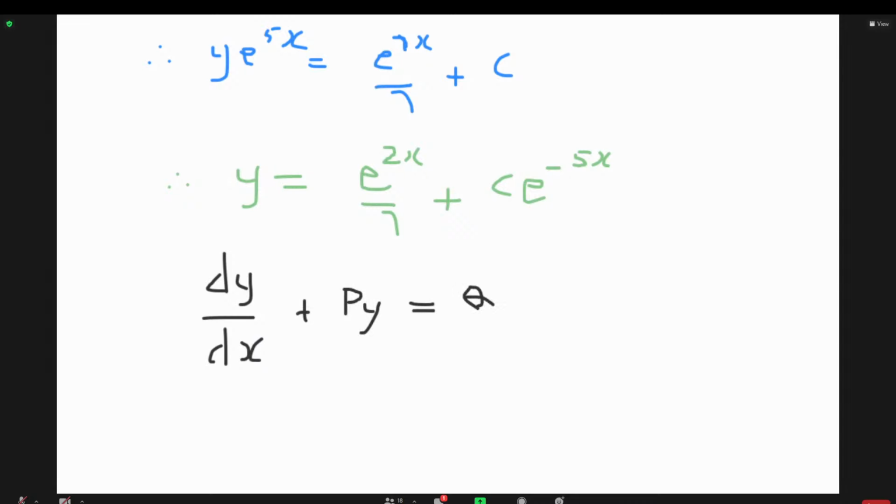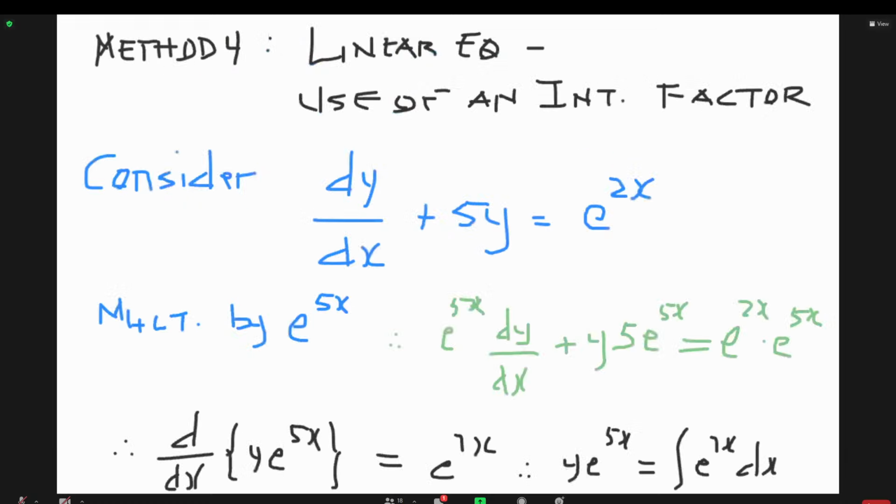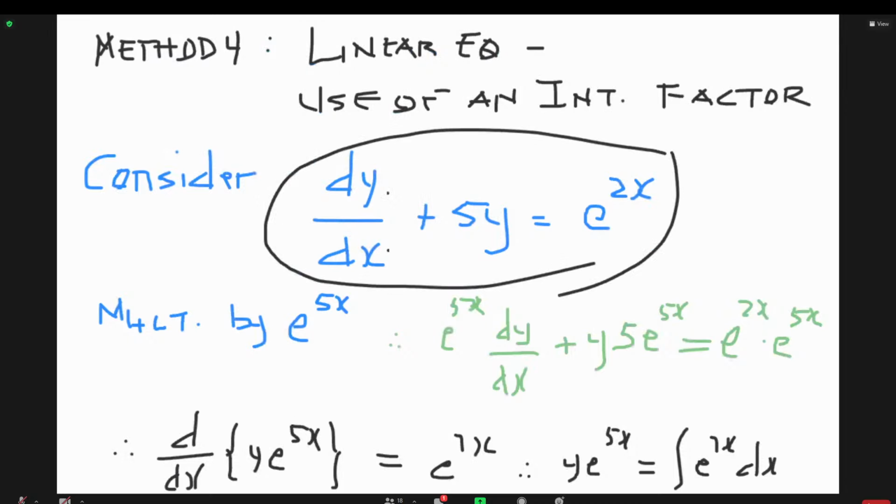So this is what we are looking at, what is called a linear equation using an integrating factor. So method 4 requires that our equation be in this form. So the example that we looked at was this here, which is dy dx plus py is equal to q.